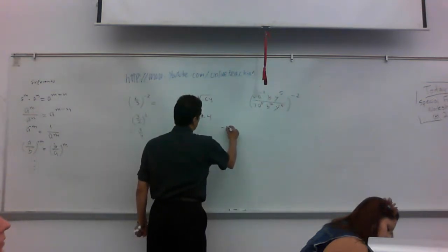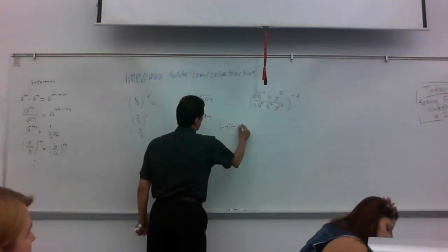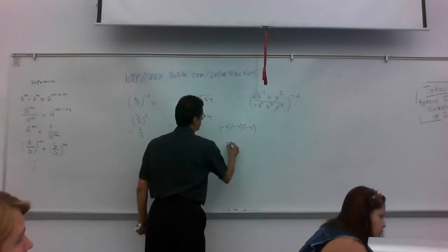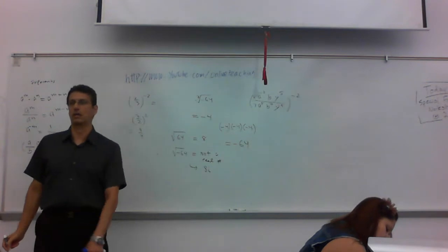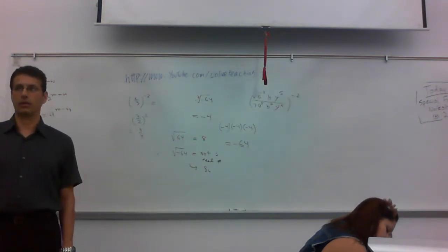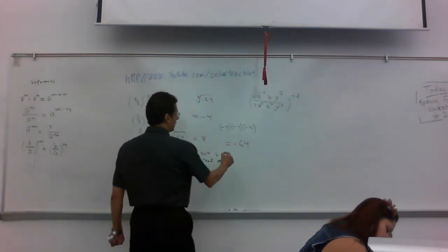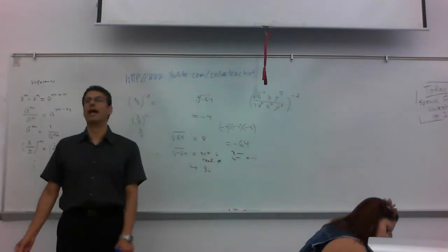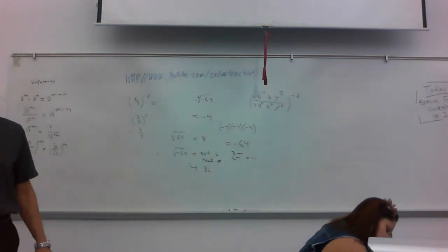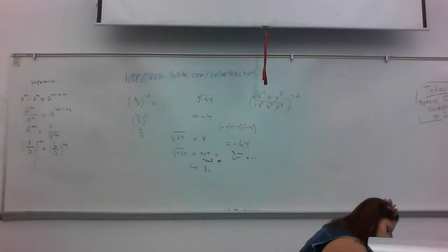Because negative 4 times negative 4 times negative 4 is negative 64, the answer is negative 4. Is everybody clear on that? In other words, class, cube root of negative 1 is negative 1. Or for that matter, any odd root of negative 1 is negative 1. Is this clear to everybody?